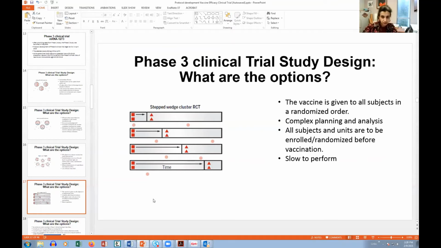There was preliminary data that it was working and it's such a deadly disease. But how do you give it and yet generate useful data? In that scenario, the stepped wedge approach could be utilized. Its drawback is that it's slow to perform and it's rather complex in terms of planning and analysis.